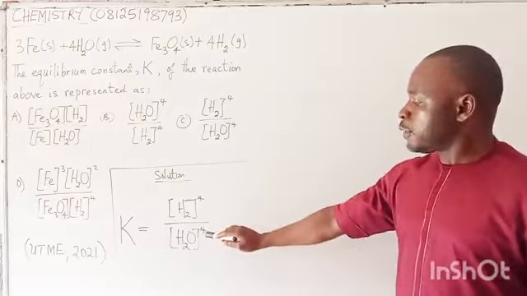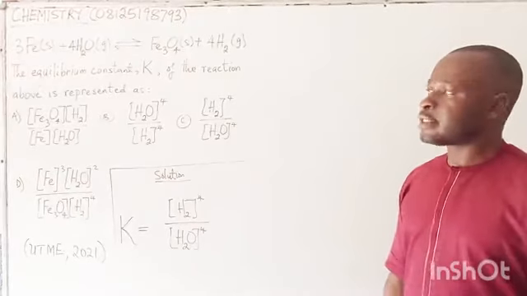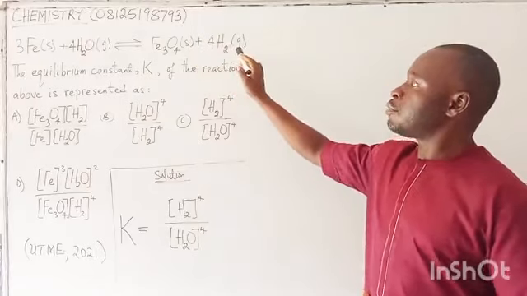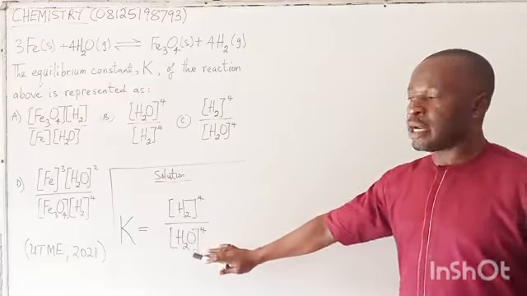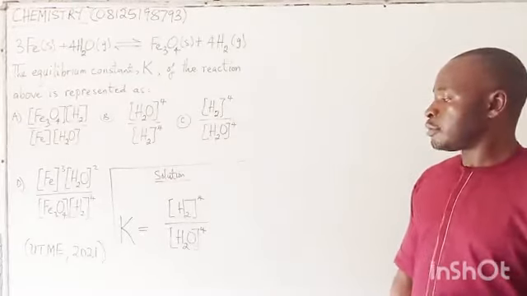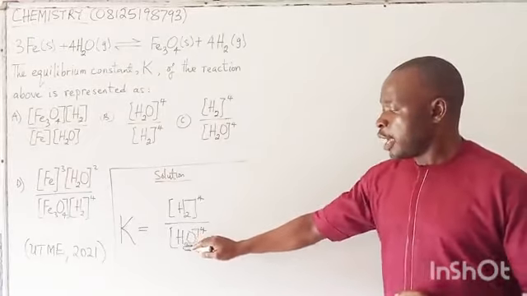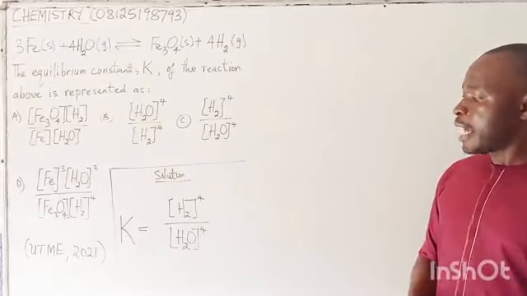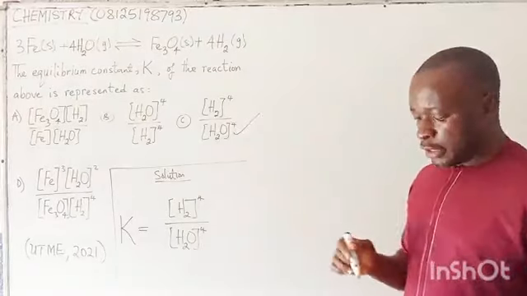That coefficient becomes the power of this species in gaseous form on the reactant side. Do we have any other species on the product side which is in gaseous form? No. Therefore, this becomes the final answer. K equals H2 in square brackets raised to power 4 over H2O in square brackets raised to power 4. And that makes option C the correct option. Option C is the correct option.